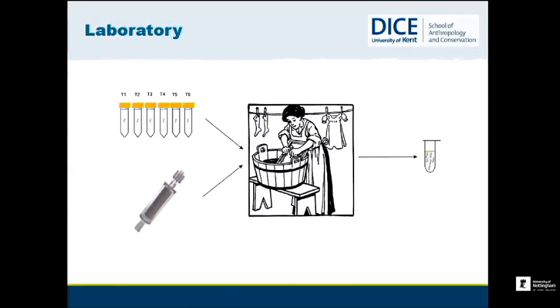Once the laboratory gets it, the DNA in each sample is actually very, very weak. So you might have a handful of copies of each of the sequences that you're interested in a sample. So the lab needs to concentrate it down and get it off the filter paper if that's the method that has been used to collect it. And then they need to clean out all of the other gunk that has been collected with the sample. So you can imagine all of the suspended solids that's in the pond water.